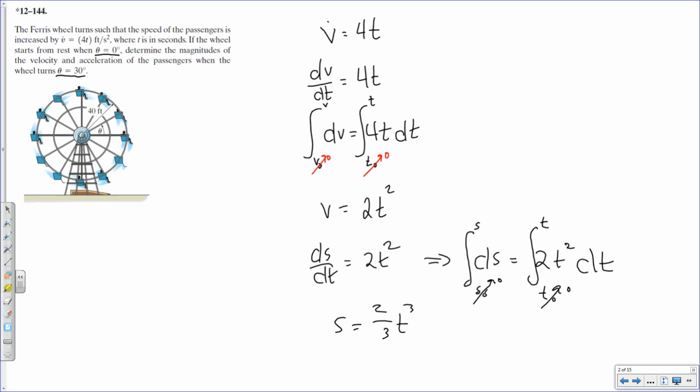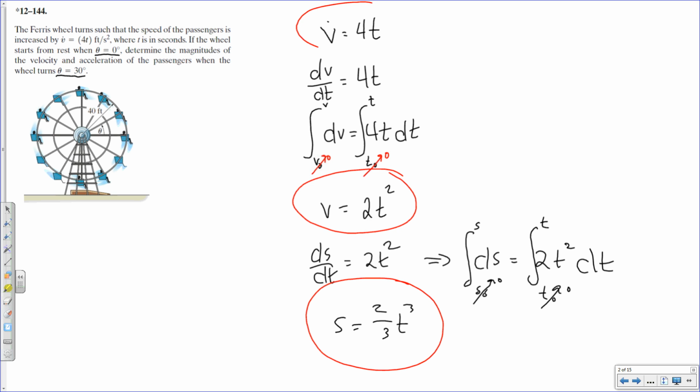Well, once again, we're left with a relationship between position and time. Previously, we had a relationship between speed and time. At the very beginning, we had acceleration and time. But none of these are fundamentally related to theta, which is really the only link we have between its initial state and its final state. It starts at theta equal to 0 degrees and ends at theta equal to 30 degrees.